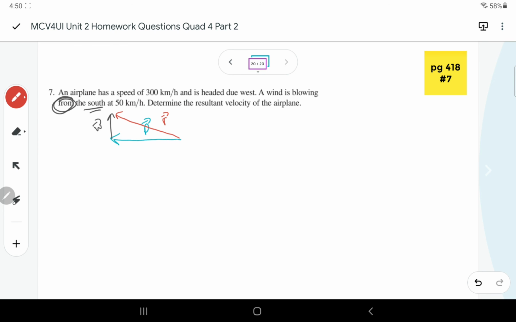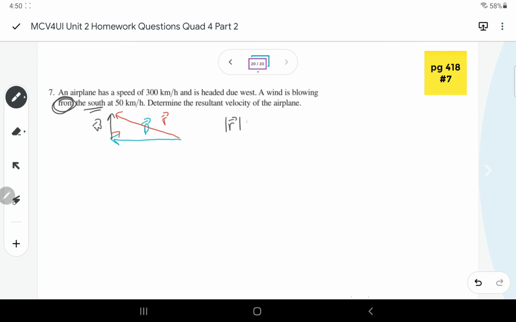This one's actually pretty nice because it's a nice 90-degree angle. We don't have to figure out the off angles that we might sometimes have.